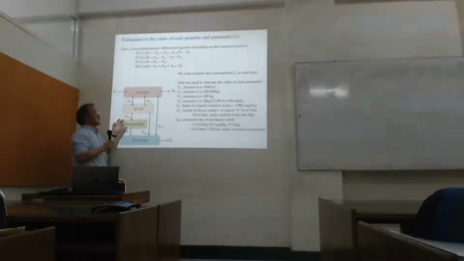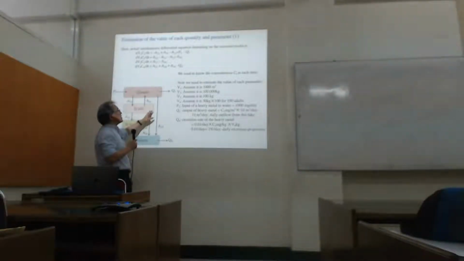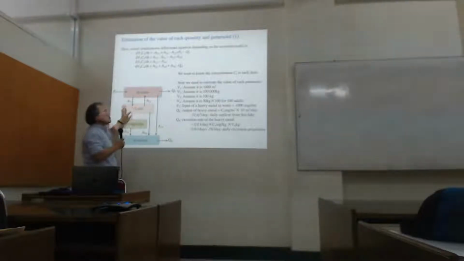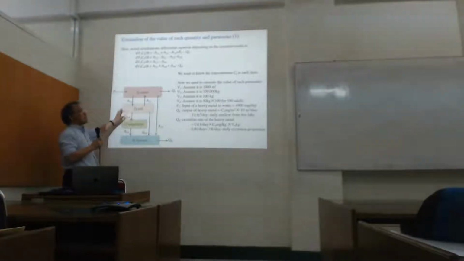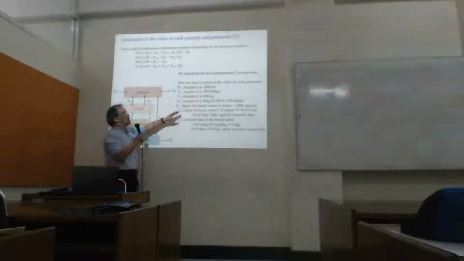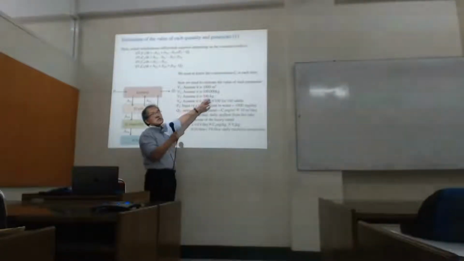And from those calculations, we can get the total soil weight, which has relation to the movement of pollutant, is about 100,000 kilograms.